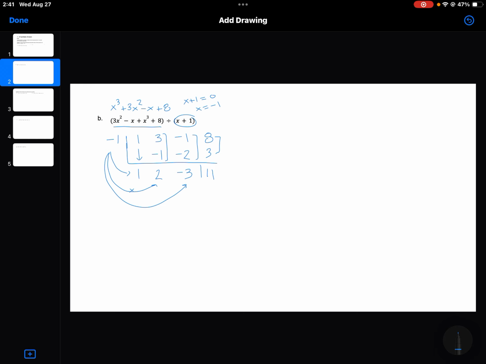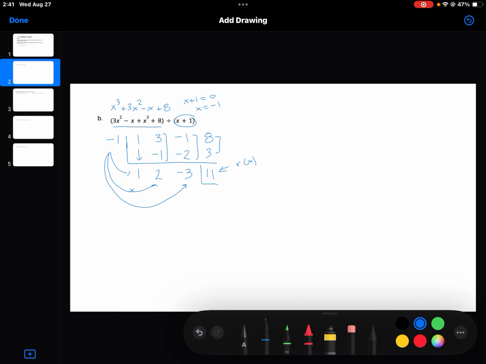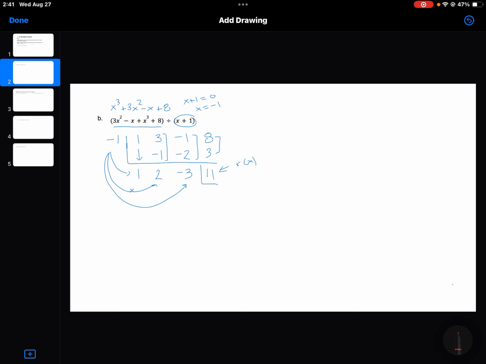Now I'm starting from the right. This 11 is my remainder. Minus 3 is my constant term, or my x to the 0. The next term beside it is my linear term, my x to the exponent 1. And the third number here is going to be my quadratic term.